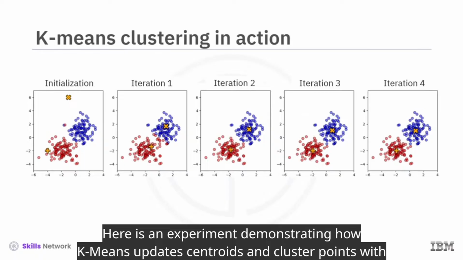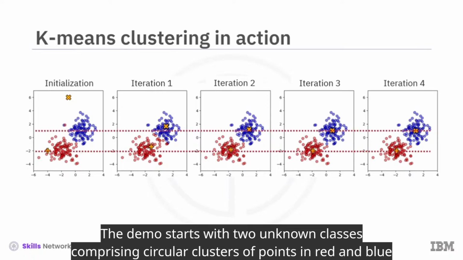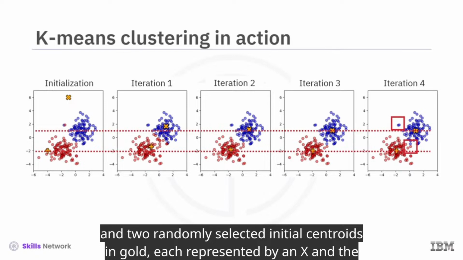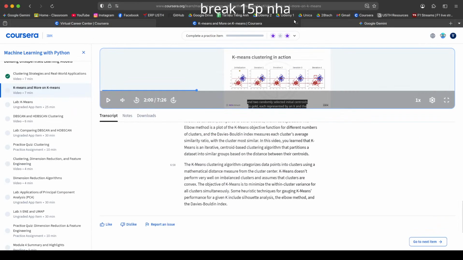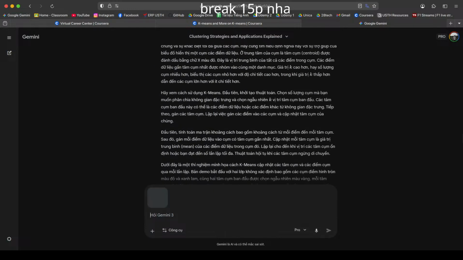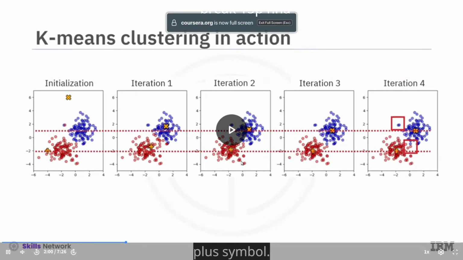Here's an experiment demonstrating how k-means updates centroids and cluster points with each iteration. The demo starts with two unknown classes comprising circular clusters of points in red and blue and two randomly selected initial centroids in gold, each represented by an X and the plus symbol.